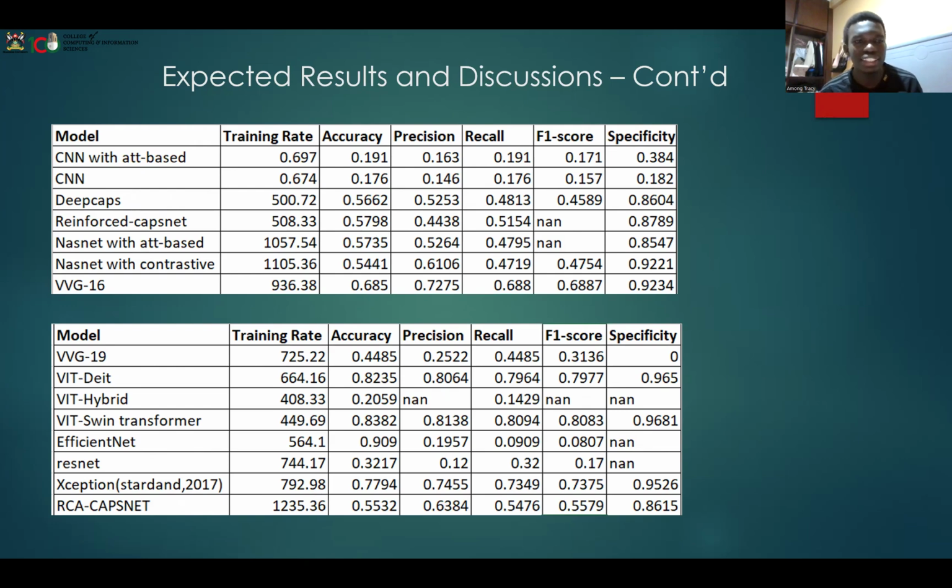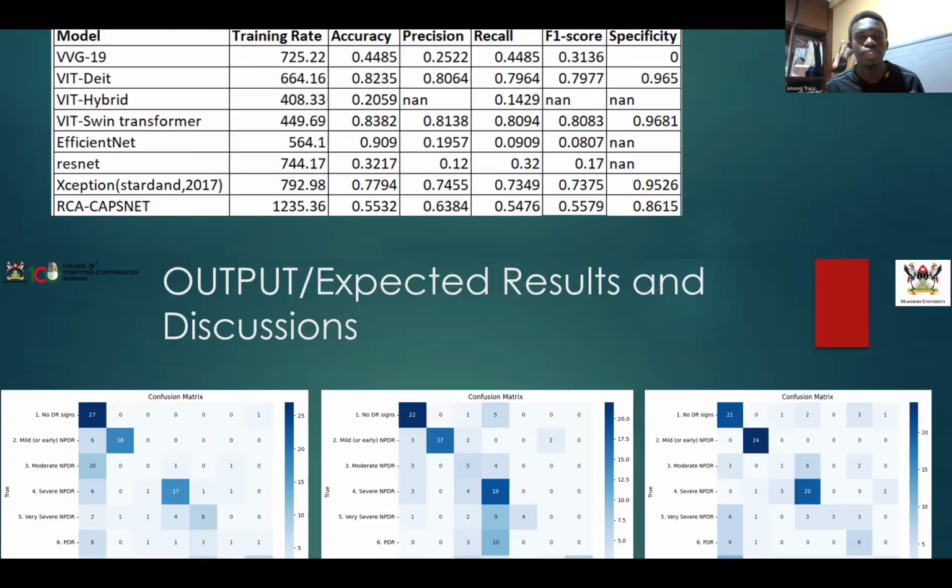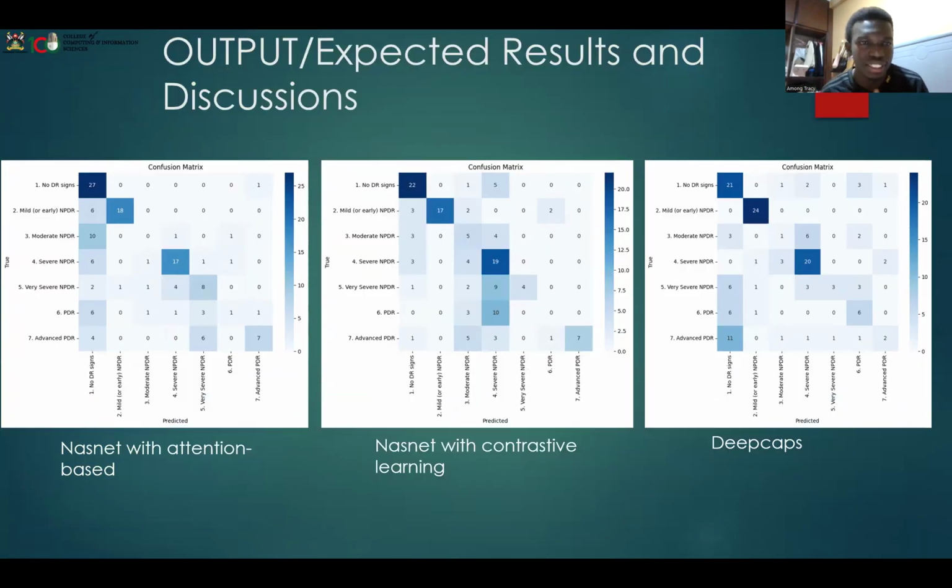The ViT, the DeiT version of the vision transformer really performed well. Then we have the Swin transformer. The Swin transformer also performed really well. It had a high accuracy, the precision was high, and then the recall was also high. Let's move on to our EDAs.